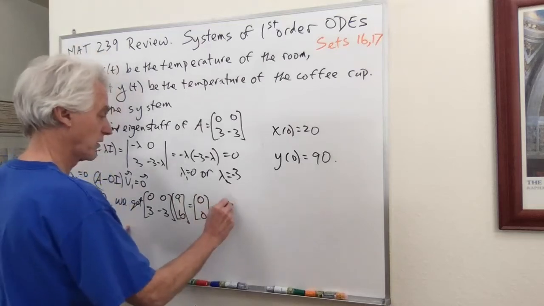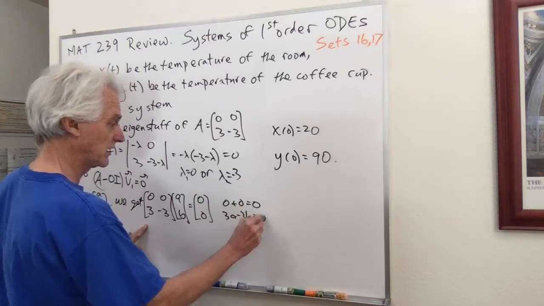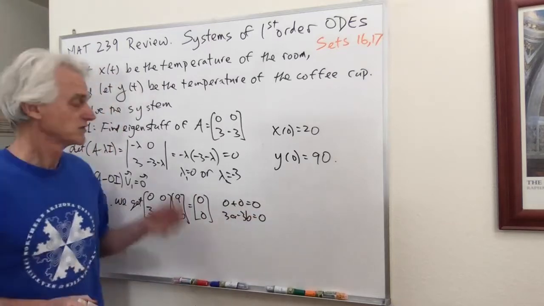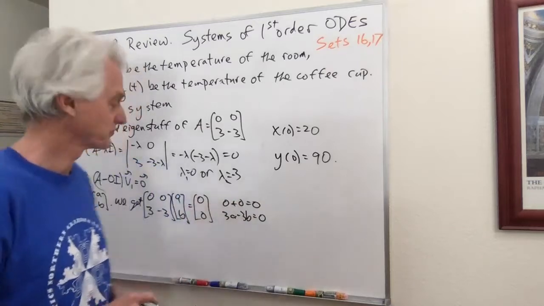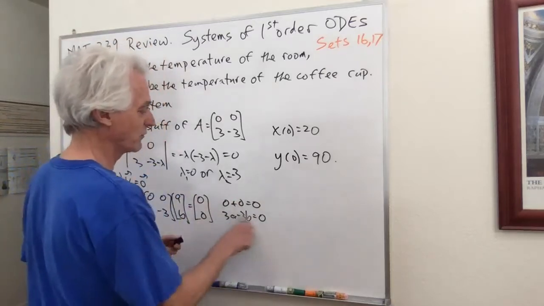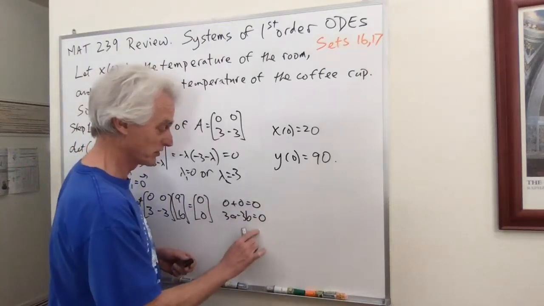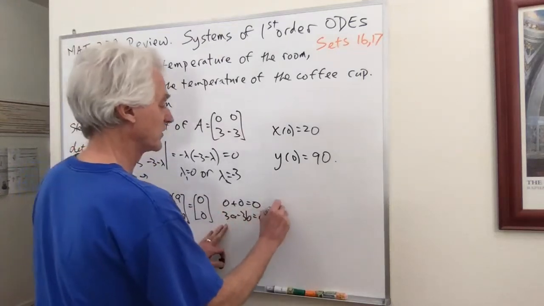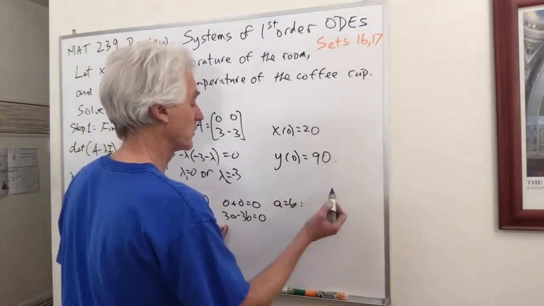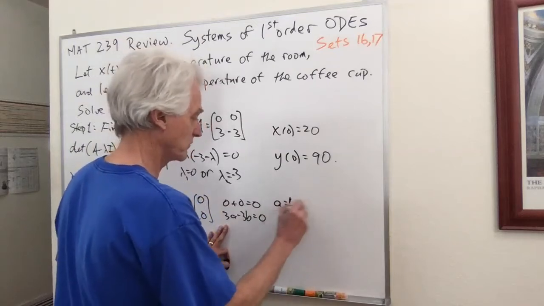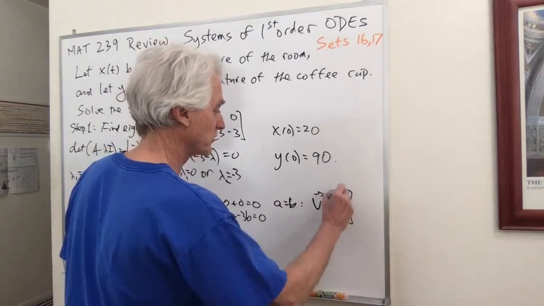So we get 0 plus 0 is 0, and we get 3a minus 3b is 0. So this equation is true, but it's redundant. The first one is a multiple of the second, the second multiplied by 0, but basically we have a equals b. So we'll let v1 be 1, 1. It's probably the most natural choice.